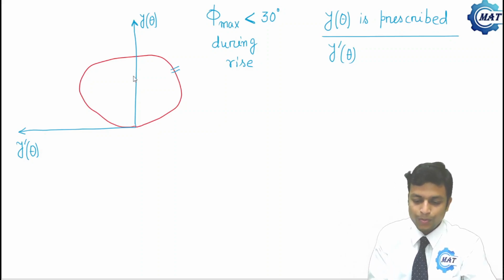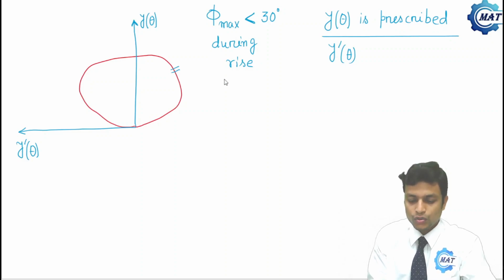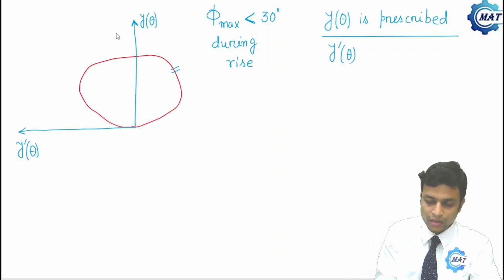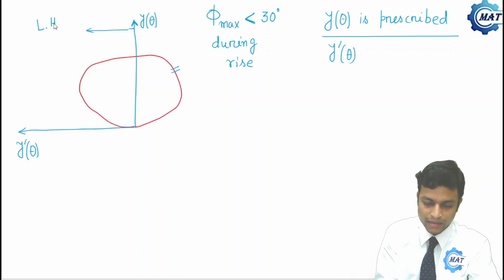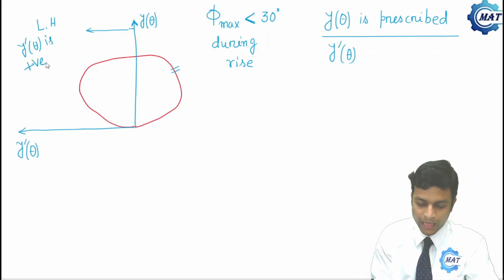Now, which part of this graph shows rise phase? If we consider the left hand side of the plot, that is left hand side from this vertical line, here y prime theta is positive. That is, this is during rise phase.